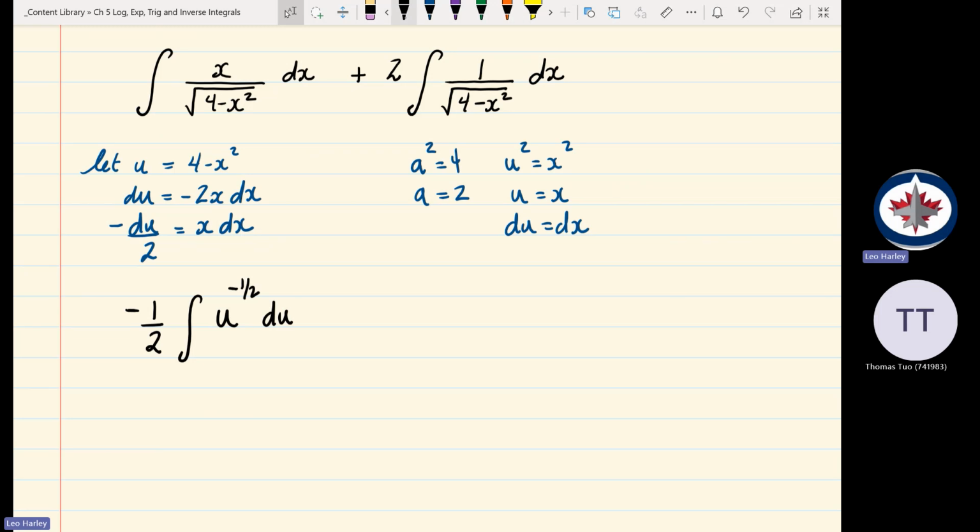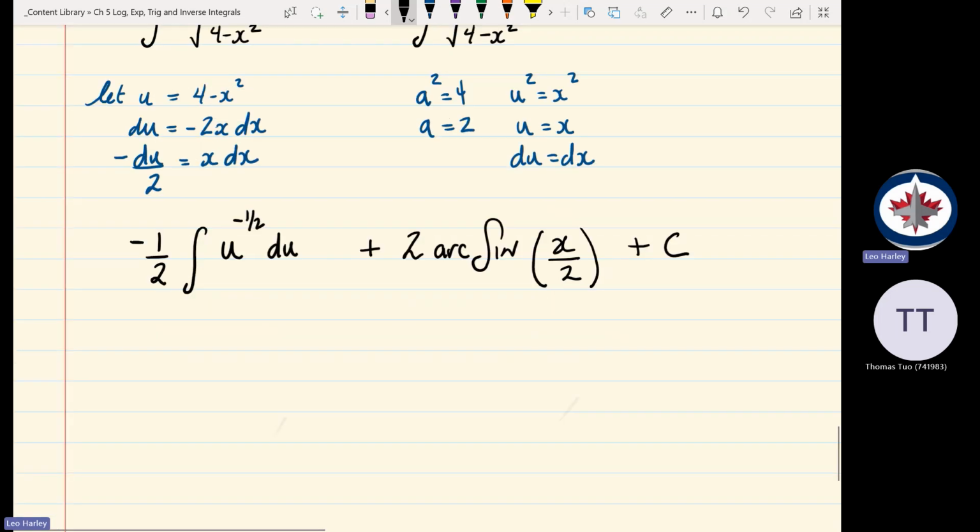And if I want to move forward with this, is it not just going to be plus 2 arc sine? The u value is x. The a value is 2. That's not what the problem is. And I know I should probably not do them in pieces like this, but it's Friday before a spring break.